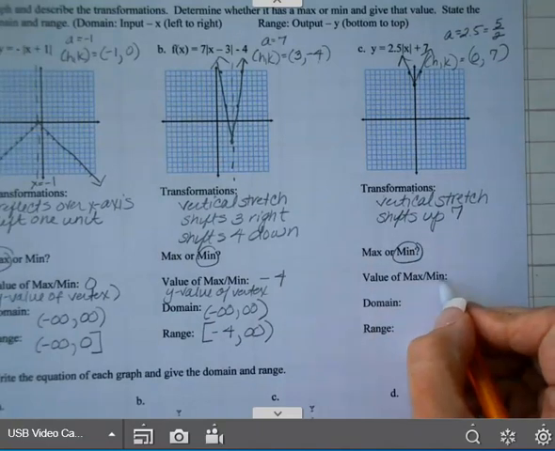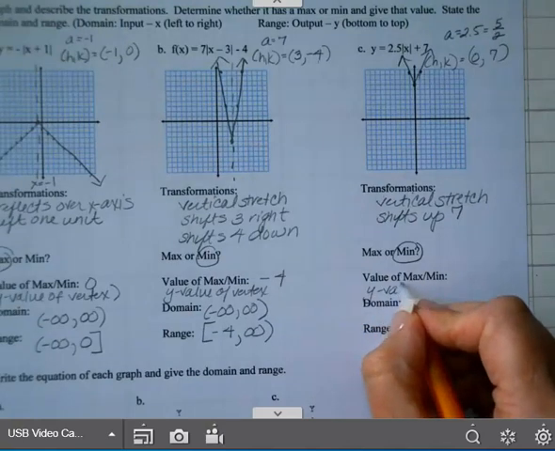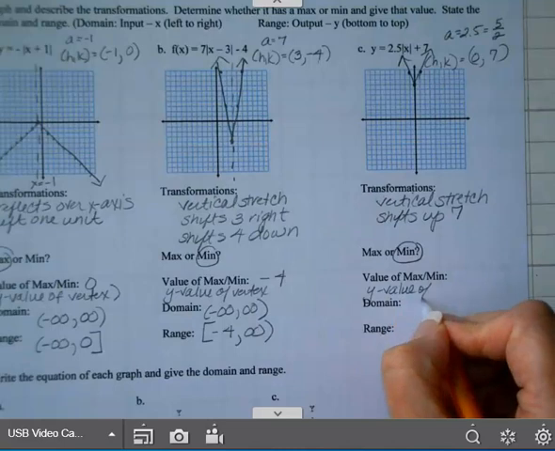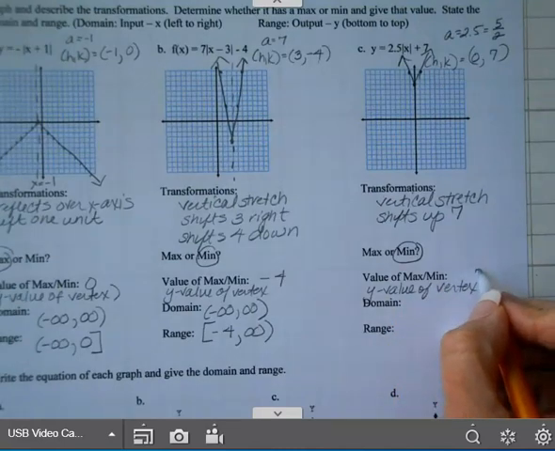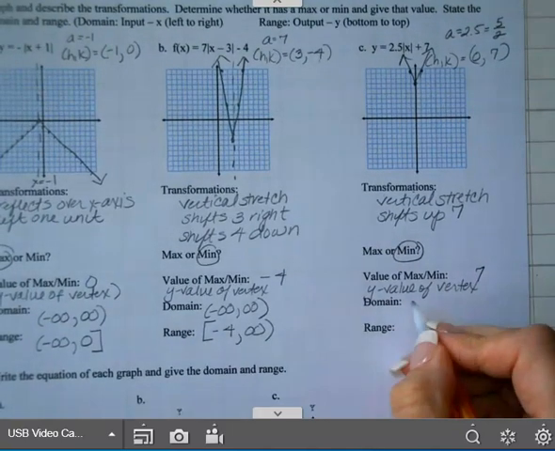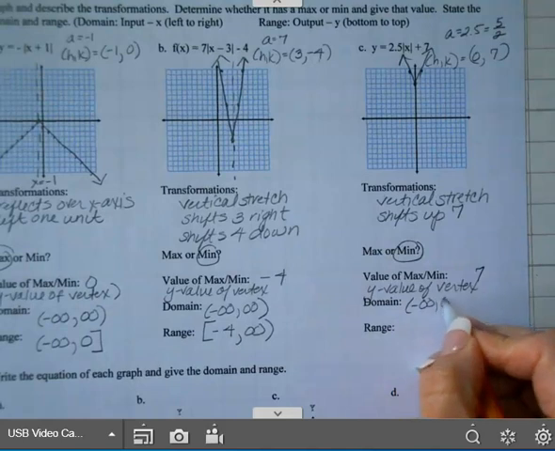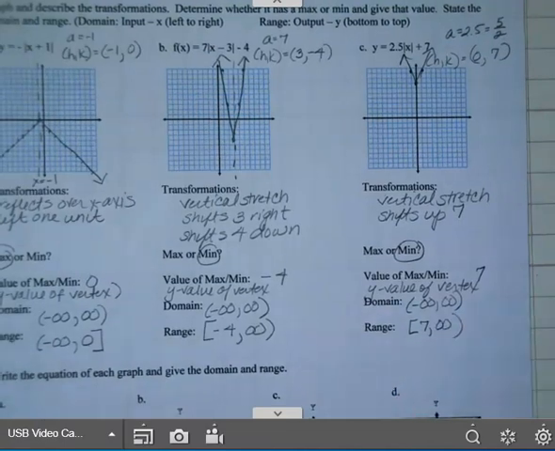Again, the value of your minimum is your y value of the vertex, which in this case is 7. Your domain is -infinity to +infinity. And your range is floor to ceiling. And the lowest y value it goes is 7, and that's included. And then it goes up forever after that.